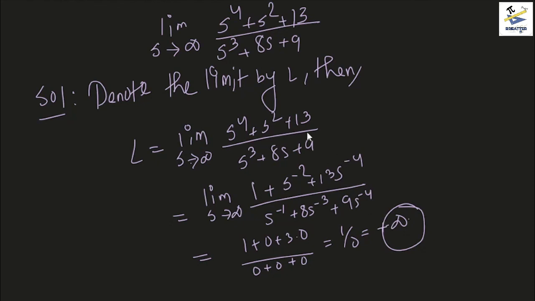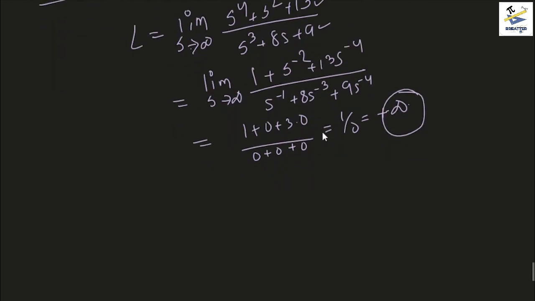This is also true because the power of the highest part of the variable in the numerator is greater than the denominator. So whenever you have something like this, I'll just write it as a thumb rule here.